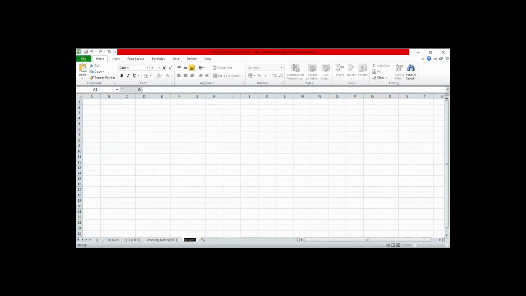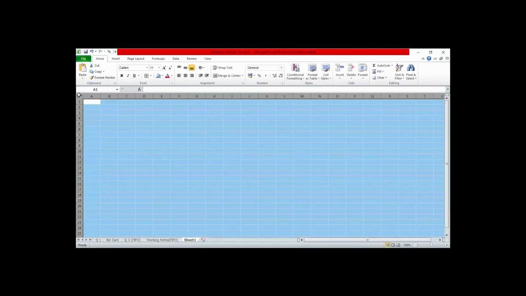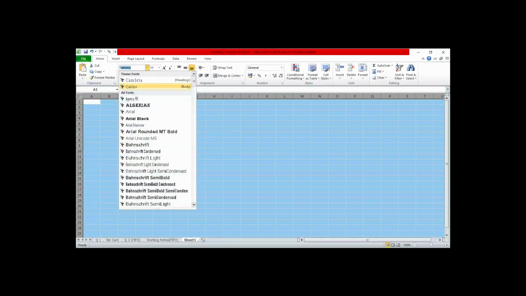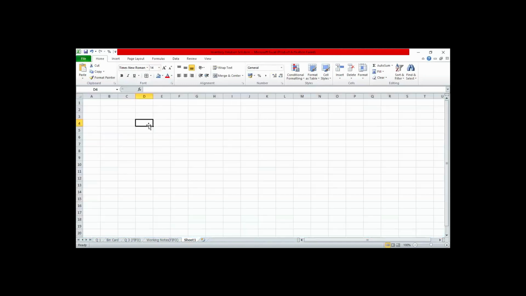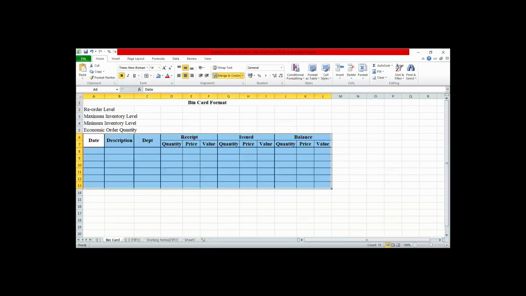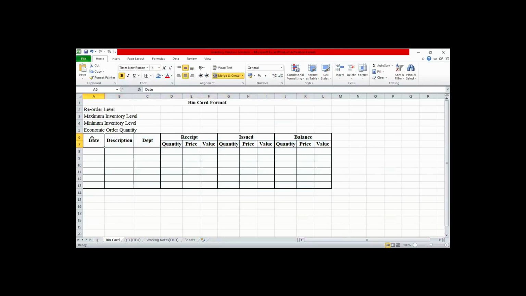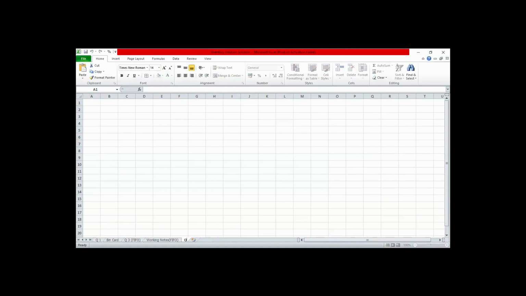Now, we are on the new page. The same format we used before is what we are using today again. It's not changing. Is that clear? Working note, question number 3 again.